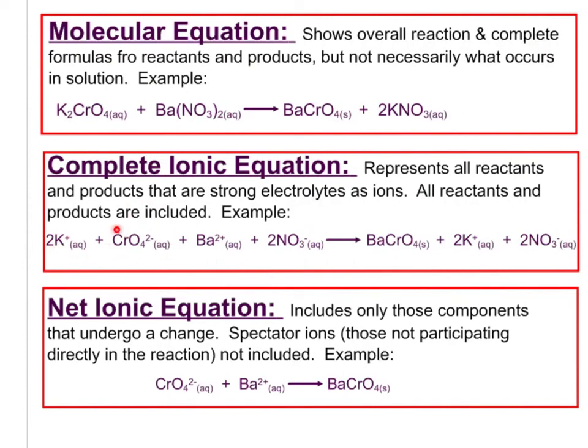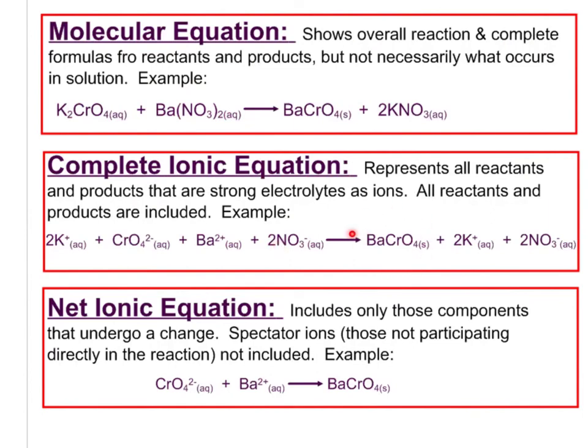Here's our chromate ion, and as we see from our molecular equation, there's only one of those. We have barium ions. Those have a +2 charge. We have one of those. We have nitrate ion right here, and there are 2 of them. They will completely dissociate into 2 separate nitrate ions, so we will write a 2 in front as a coefficient.